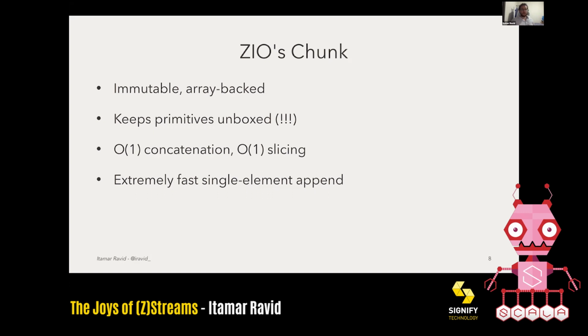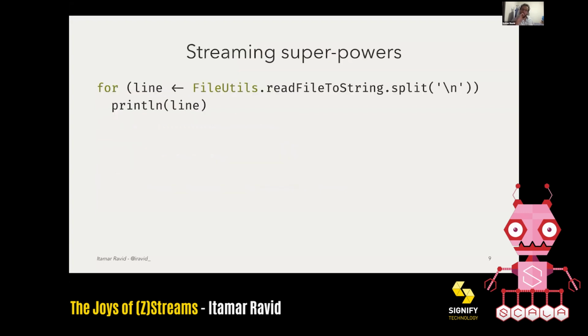So what sort of superpowers do we get by using streams? Well, this is a snippet of code that reads a file into a string, splits the string on new lines, iterates over the lines and prints them out, right? Pretty simple, pretty easy to read, nothing special here.